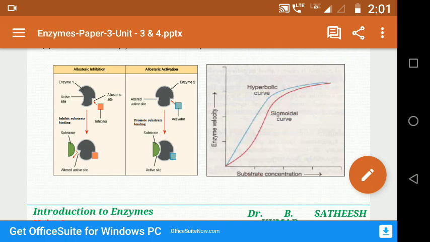So that is why we will get a sigmoidal curve instead of a hyperbolic curve. Here a cooperative effect is taking place, that the substrate is not only involved in the formation of product, but it is also acting as a positive effector which converts T state to R state.